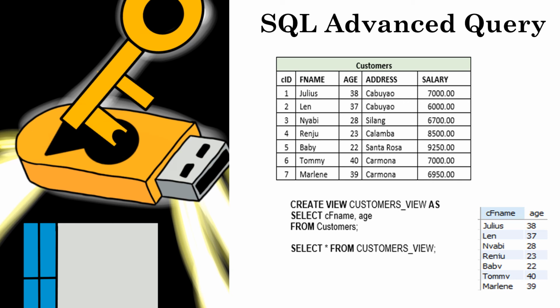And then we use SELECT * FROM customers_view that we have created. It will generate an output of two columns, cfname and age, following those records included in the customers table. So those are the lectures for this week for the SQL advanced query.